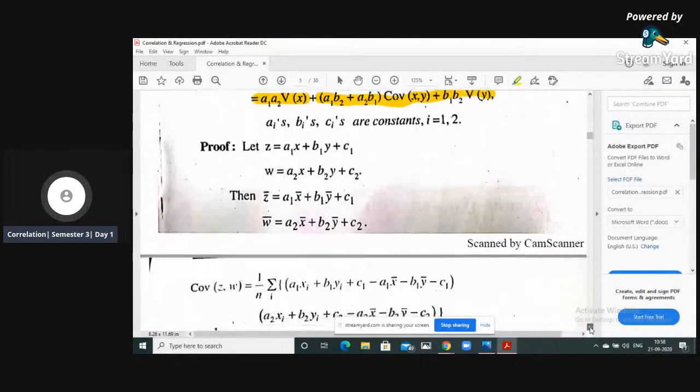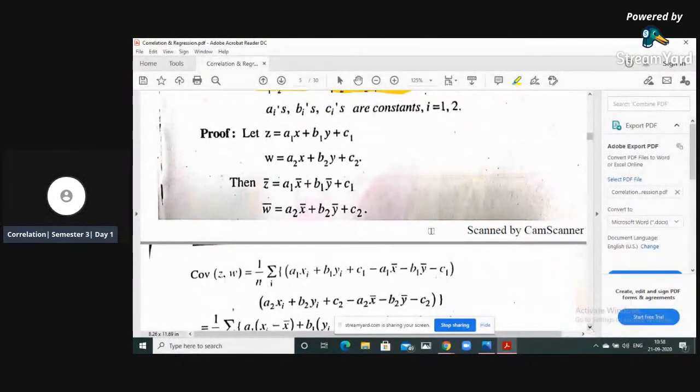What you basically do is you take Z equal to the first linear relation, W equal to the second linear relation, and then compute their means, which are Z bar and W bar. So next is very simple.